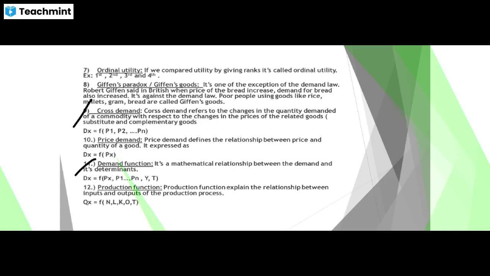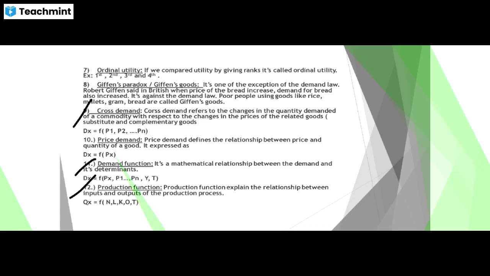In the bracket we have different things, and those are all determinants. For example, Px means price of x good, P1 ... Pn means related good prices, Y means income, T means taste and preferences. That means these are all things that will determine demand. So demand function means these things and the demand relationship.